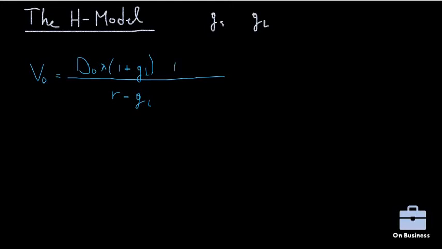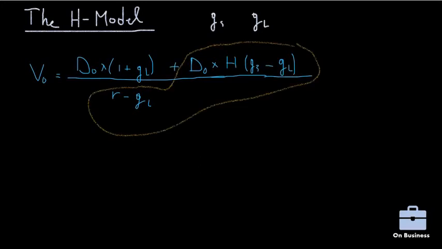Now we need the part that we get from the high growth period, and that would be D0 times H into GS minus GL. So as I said, this part would then be the part of the value that comes from the high growth period.